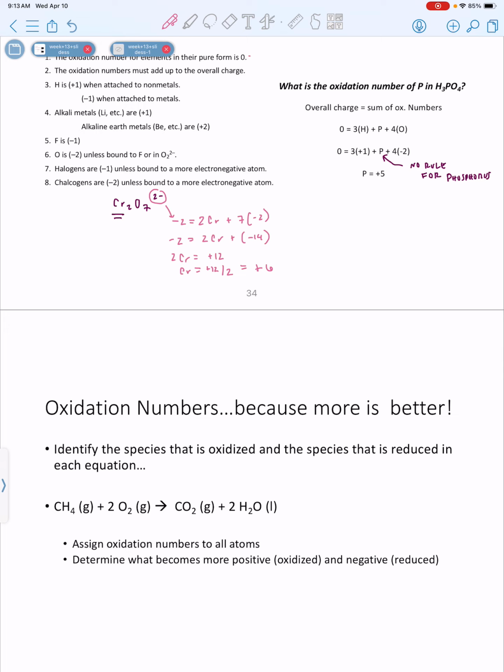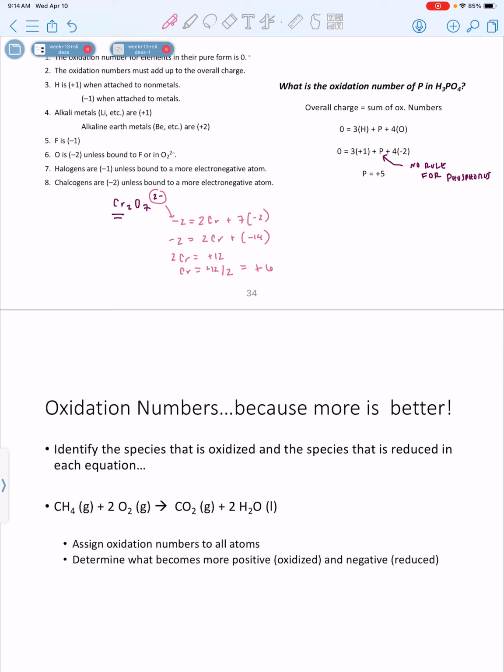But if you were to calculate that value, you would end up with an average between the two by this method. So that's really all we're getting here, an average oxidation number for chromium. In this case, it turns out to be +6.